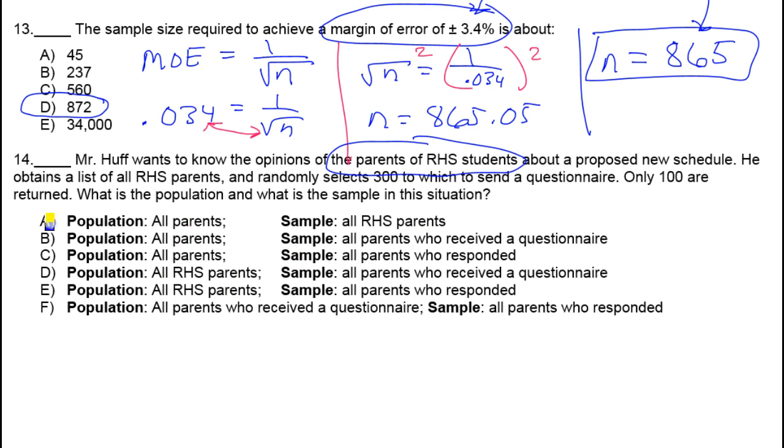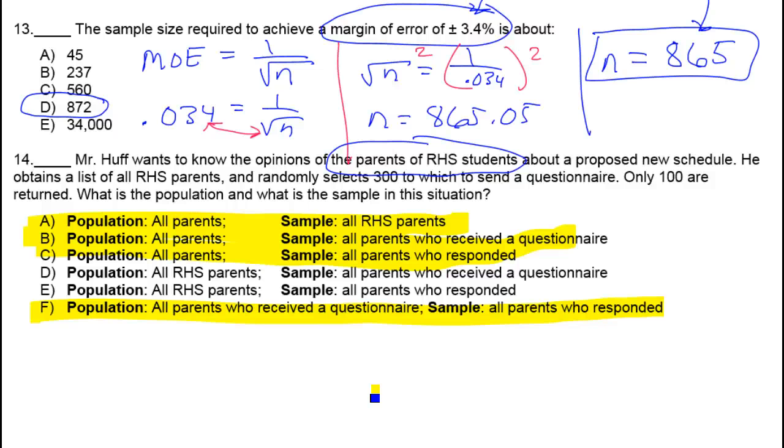Okay, so that eliminates A and B and C. Okay, it even eliminates F. Right, did he send a questionnaire to every single RHS parent? No. So the population wouldn't be the parents who received a questionnaire.